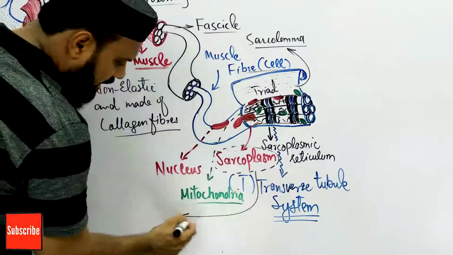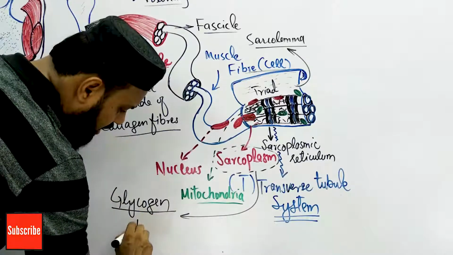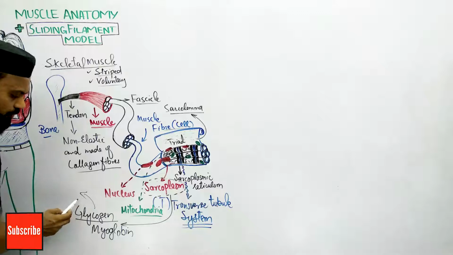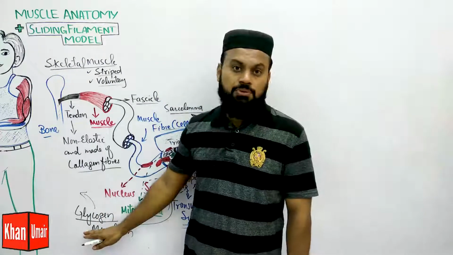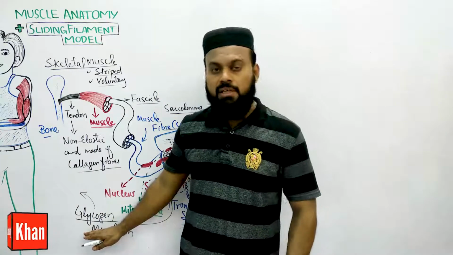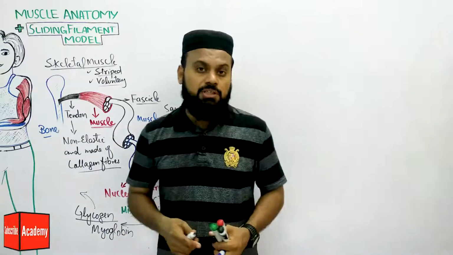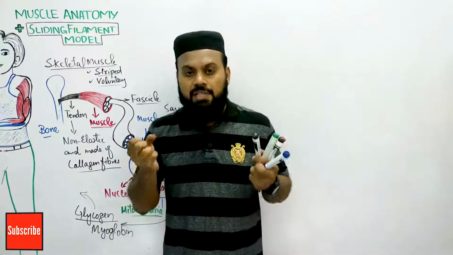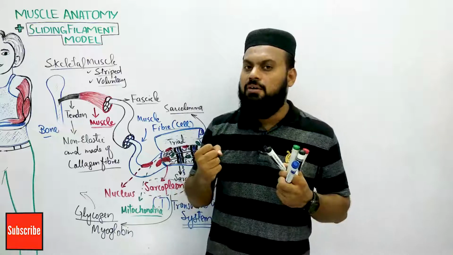Sarcoplasm contains a large amount of glycogen and a special protein called myoglobin. Actually, glycogen is a stored food, so when we need a high amount of energy, then glycogen is used to produce glucose and eventually ATP. While myoglobin, as we need oxygen to break the glucose, is a special kind of protein which has more tendency to store oxygen.